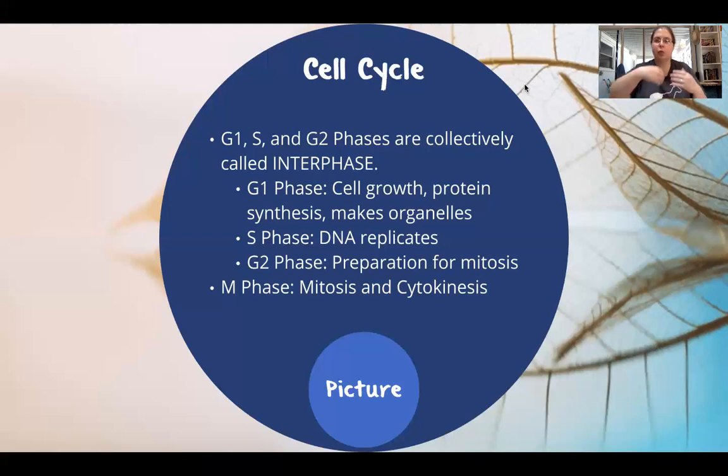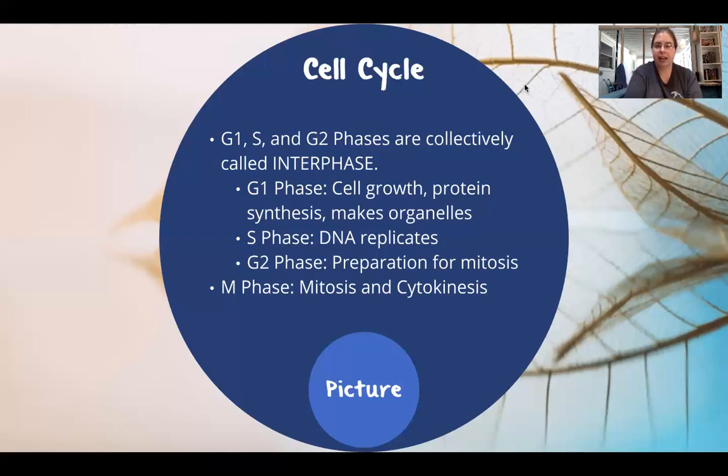So they're going to be doing whatever their job is in their place as a cell. At some point, they're going to get a signal telling them to start getting ready for replication, or for cell division. And that's when it switches from G1 phase to S phase.